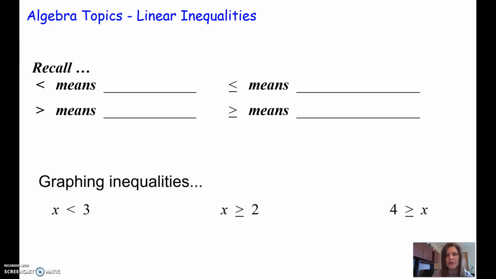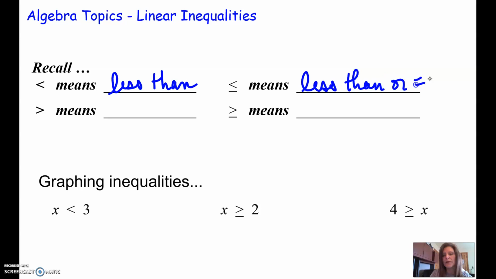The ones that point to the left mean less than. If I have it pointing to the left and I add a line underneath, it means less than or equal to. Now if we flip it and it points to the right side, then that's going to be greater than.